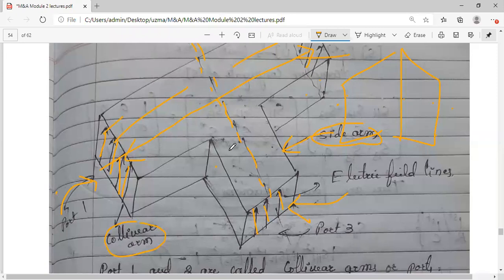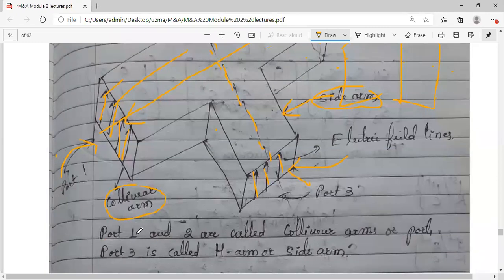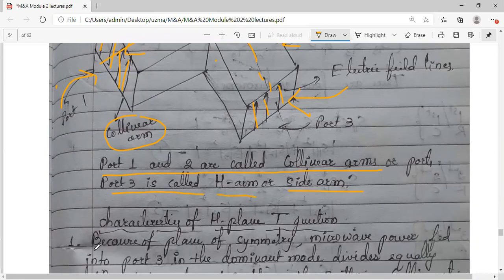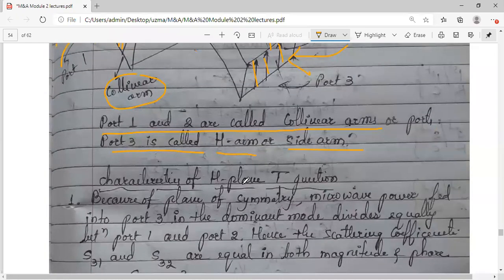Now we need to look into some of the properties. We will list out some properties and try to derive the S matrix for this H plane T junction. As I explained, port 1 and 2 are called collinear arms. Port 3 is called side arm, or since we are dealing with H plane T junction, we call it H arm.